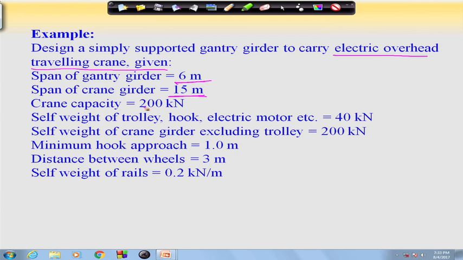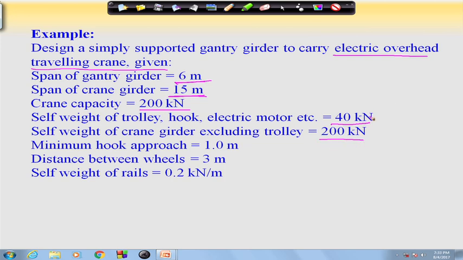Crane capacity is given as 200 kilonewton. Self weight of trolley, hook, electric motor, etc., everything included, is around 40 kilonewton, and self weight of crane girder excluding trolley is 200 kilonewton.